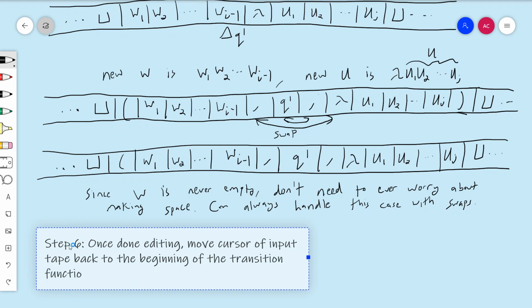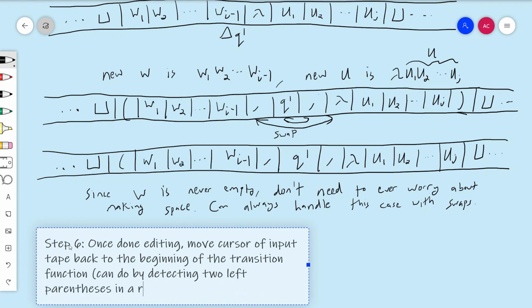And you can do that by detecting 2 left parentheses in a row. Or 3, actually, I think. 3? Yeah, 3.